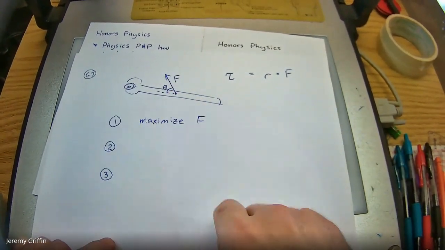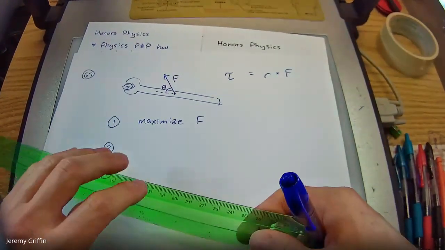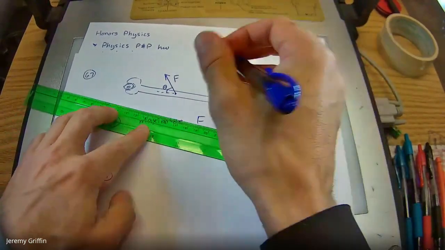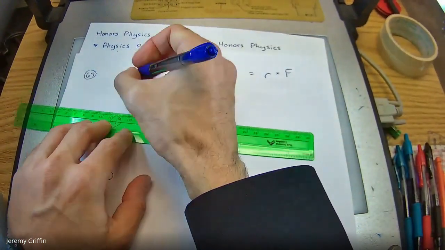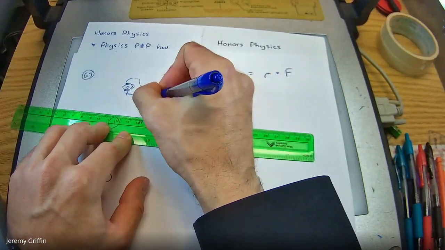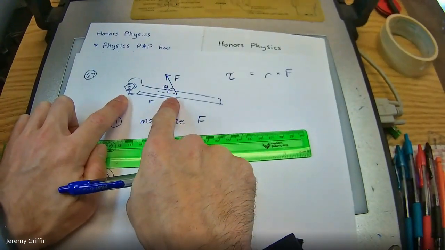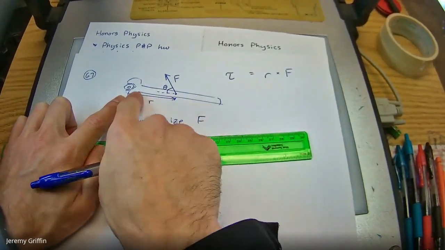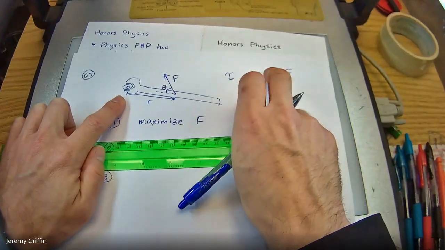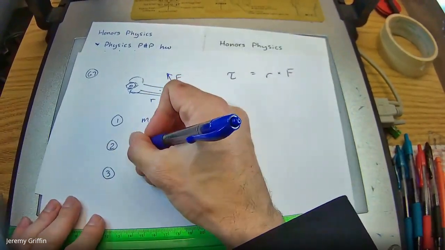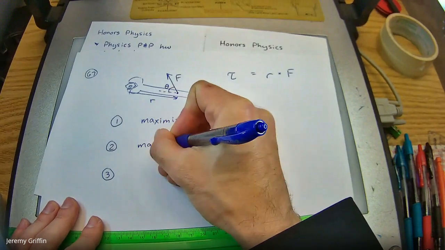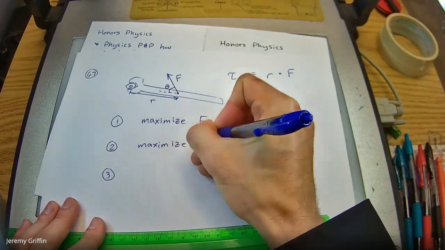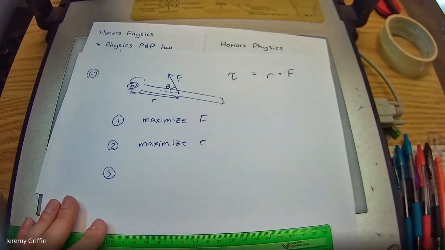Is there a better location to press? Yeah, because look at the radial distance that it's taking advantage of right here. It's only about half the length of the wrench. See, if you press at the end of the wrench, wouldn't you get twice the torque? If you double that, you double that. Okay. So maximize the lever arm, R.